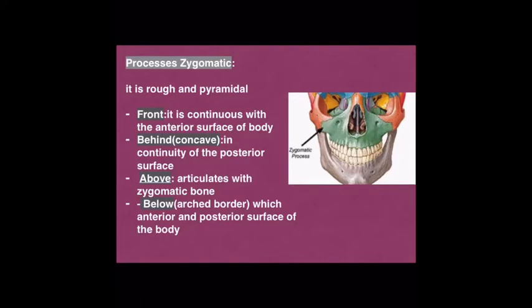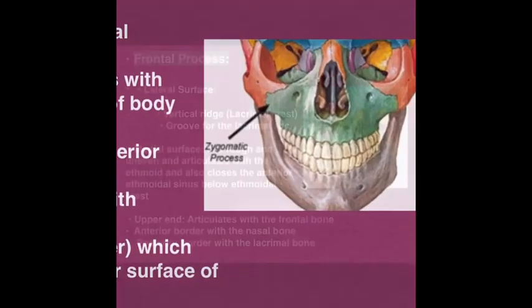Above من جهة العلوي يكون articulated with zygomatic bone. Below arched border which anterior and posterior surface of the body. إذا ناحية الأسفل يكون anterior and posterior surface of the body. وهذا هو شكل zygomatic bone.